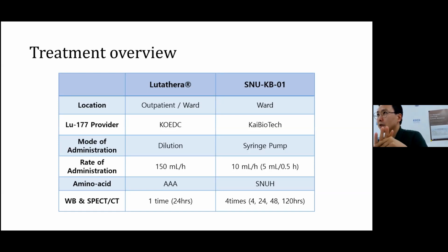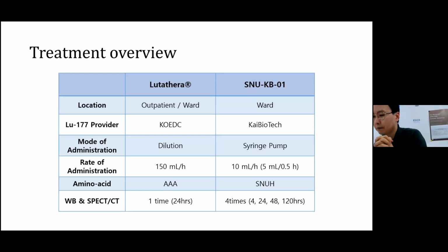The problem is that there are some ethical problems, because it is quite hard to design a proper trial to put PRRT as a first-line drug. That is some concern.